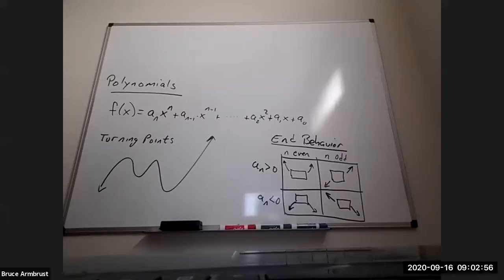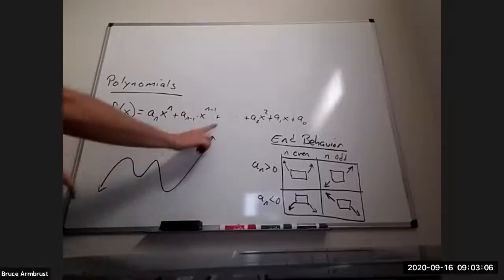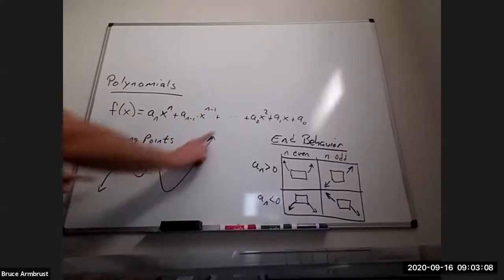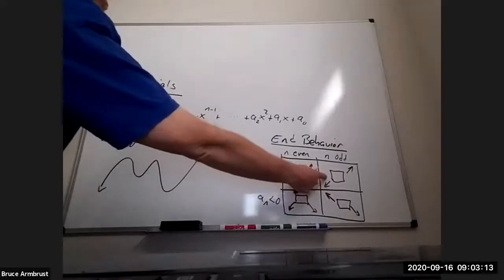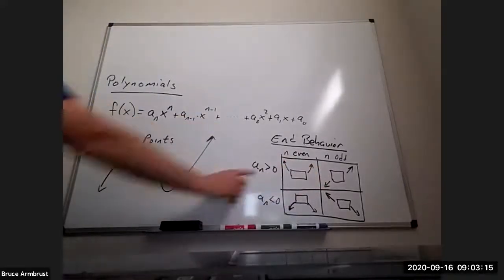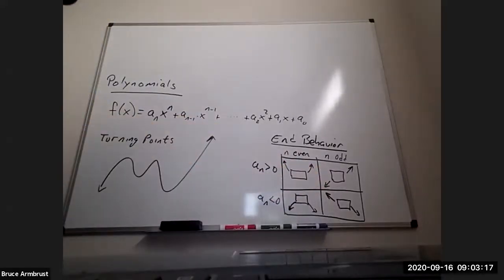Why should you be able to tell me that? Opposite direction ending points. Yeah, the ends are going in opposite directions, up to the right and down to the left. So that was the odd. You also know the leading coefficient is positive, right?